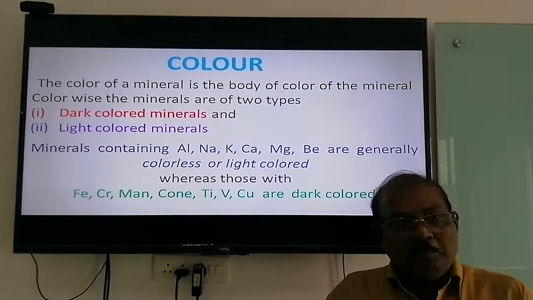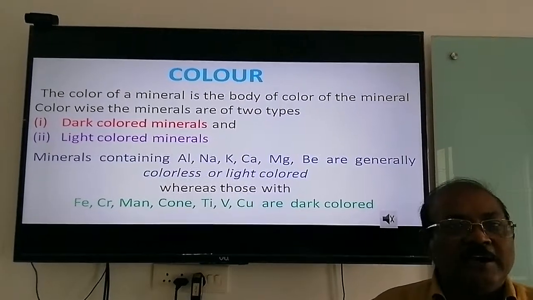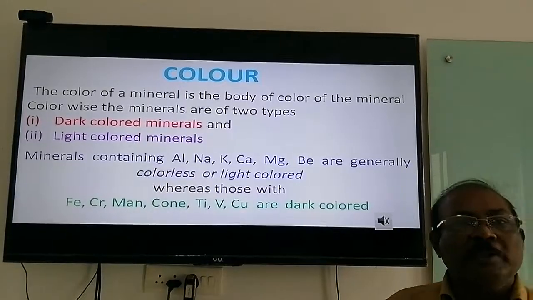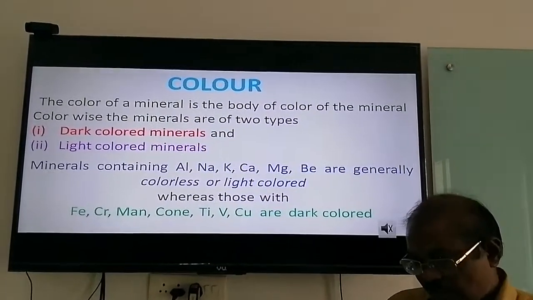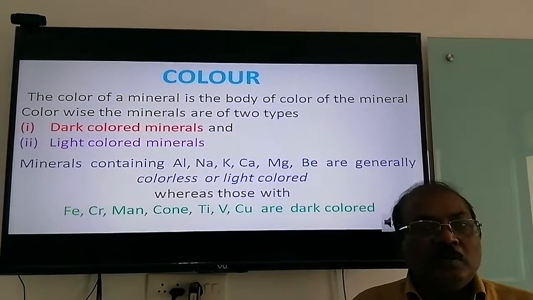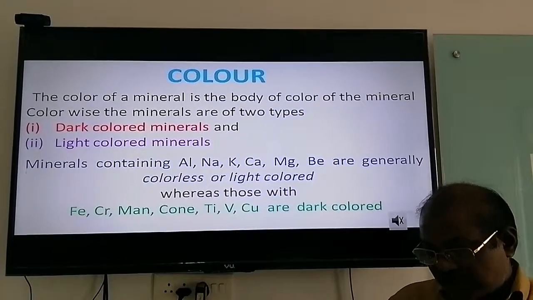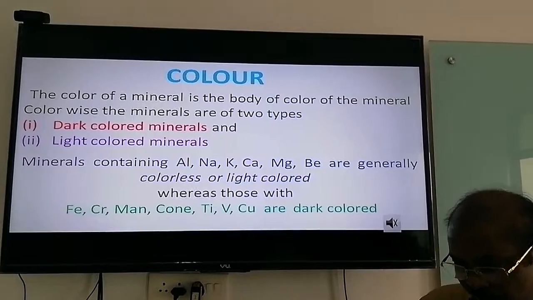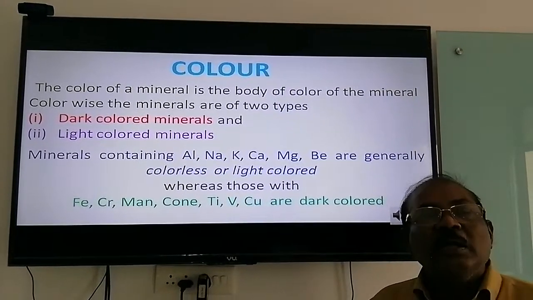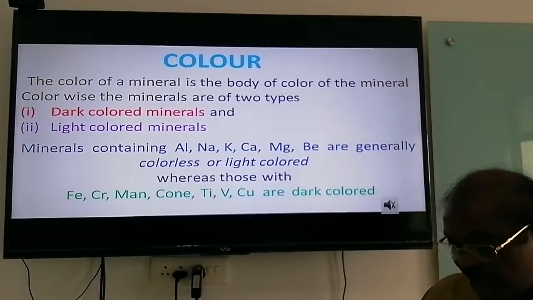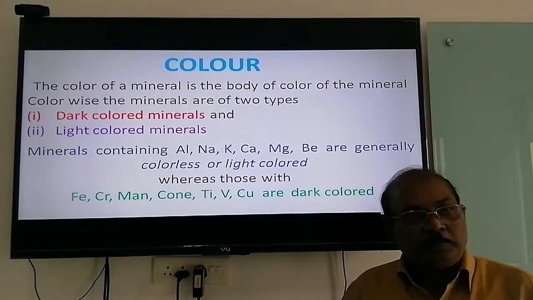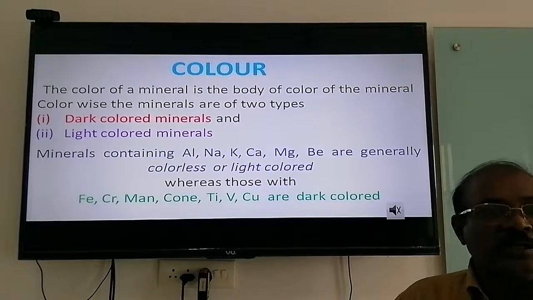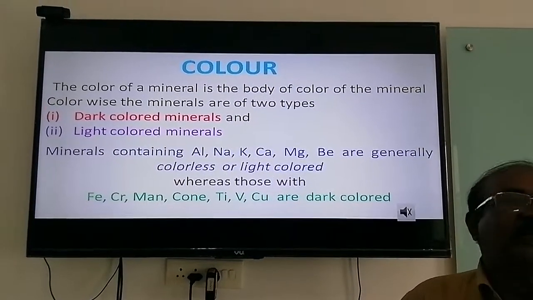Usually, the colors of minerals are divided into two categories. One is dark colored minerals and the other one is light colored minerals. When the minerals contain elements such as aluminium, sodium, potassium, calcium, magnesium, beryllium, then the minerals appear colorless, otherwise light colored.